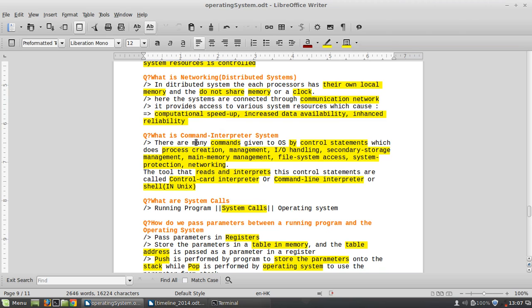Before going to the command interpreter system, you should know that there are many commands given to the operating system by control statements.